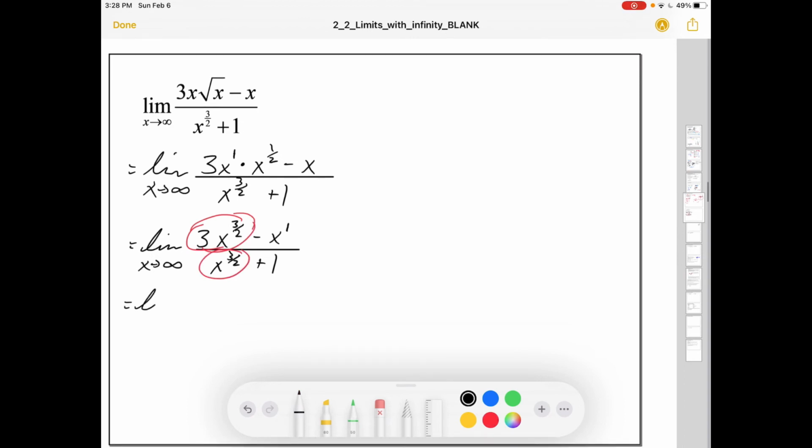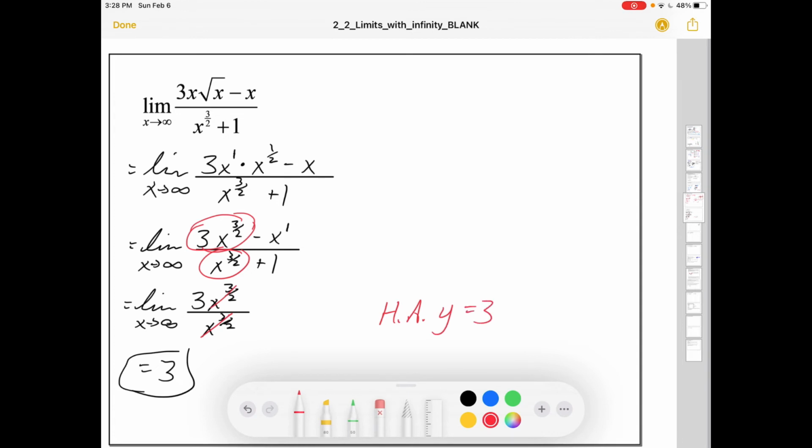And because it's a limit involving infinity, we can just look at those drivers and divide out. What are we going to get? We're going to get 3. I guarantee you that this function has a horizontal asymptote. Not that that's what the question asked to begin with, but it does have a horizontal asymptote of y equals 3, at least on the right-hand side. This function doesn't exist for negative numbers, though.